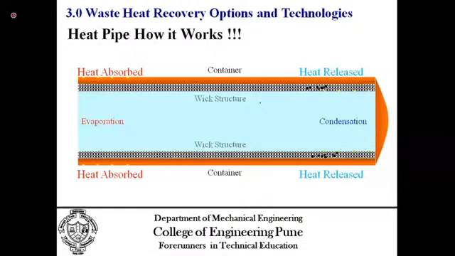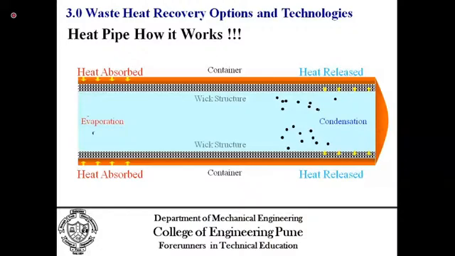If you recall the vapor compression cycle, there are four components. One is the compressor, second is the condenser, third is the expansion device, and fourth is the evaporator. In the compressor the refrigerant is compressed and its temperature is increased. Then it is taken to the condenser where pressure remains constant, but the phase is changed and it becomes liquid at a lower temperature.